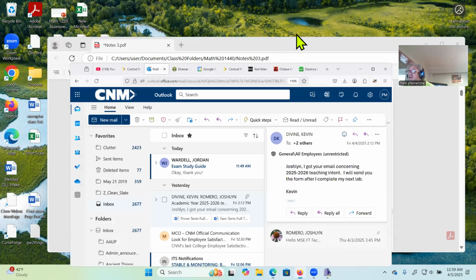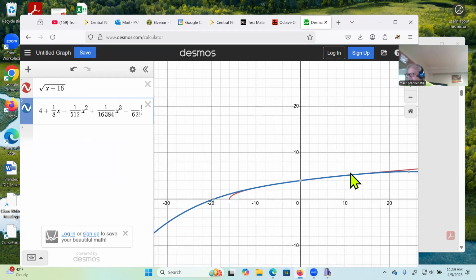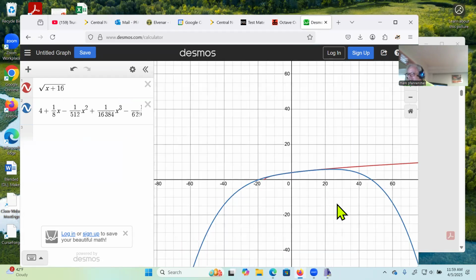Okay, so I'm going to go ahead and go back up to here. I did type this thing out in Desmos. The red value is the square root of x plus 16, and the blue line is the polynomial that I just came up with. And it's an x to the fourth polynomial. You can see the x to the fourth polynomial is an even polynomial with a negative leading coefficient. So the end behavior of this thing looks correct.